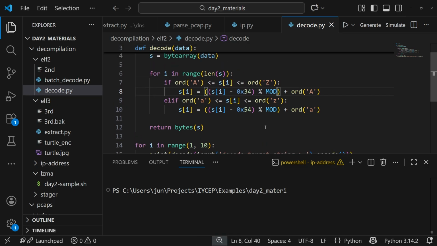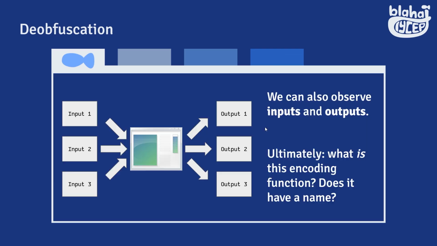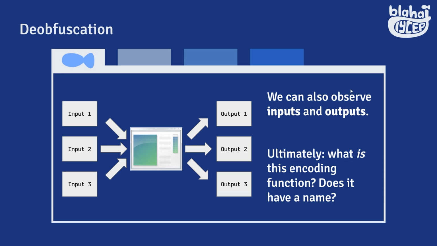Everyone clear on this? This is re-implementation of logic. When we re-implement functions in a programming language that we're more familiar with, it might be easier for us to analyze it. Let's say you get an output from Ghidra, you don't want to have to compile a C program with similar C code every single time you want to test the function to see what it is doing.